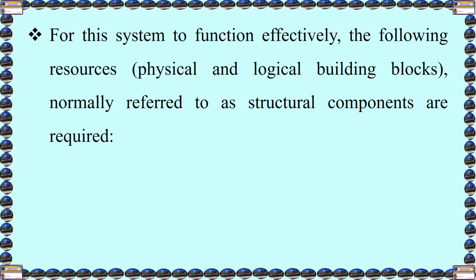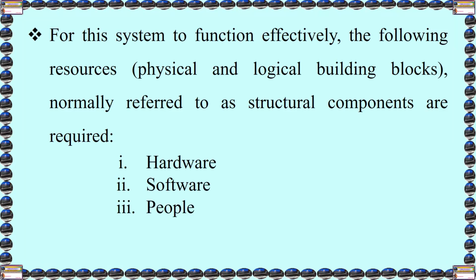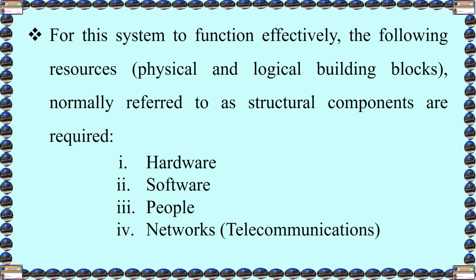For this system to function effectively, the following resources, that is physical and logistical building blocks, normally referred to as structural components, are required. Number one, you require the hardware. Number two, the software. Number three, the people. And number four, the network or telecommunications.